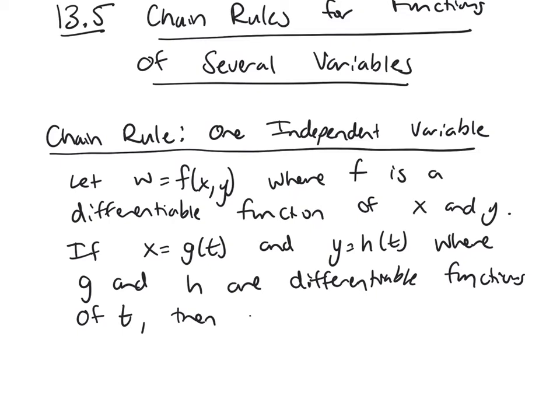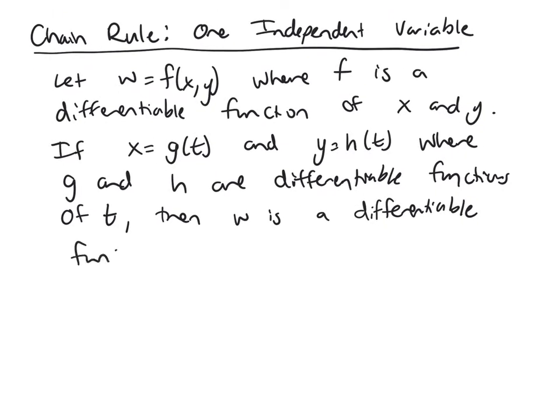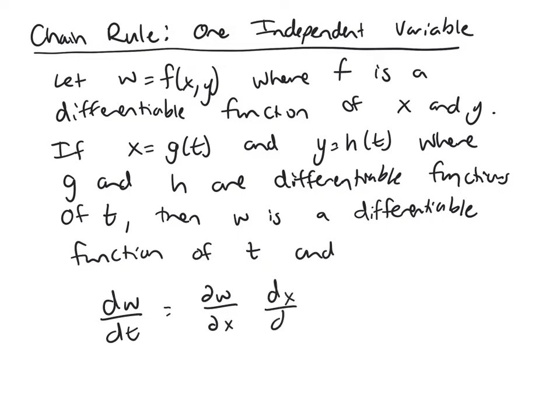And w is a differentiable function of t, and the derivative of w with respect to t is the partial derivative of w with respect to x times the derivative of x with respect to t, plus the partial derivative of w with respect to y times the derivative of y with respect to t.